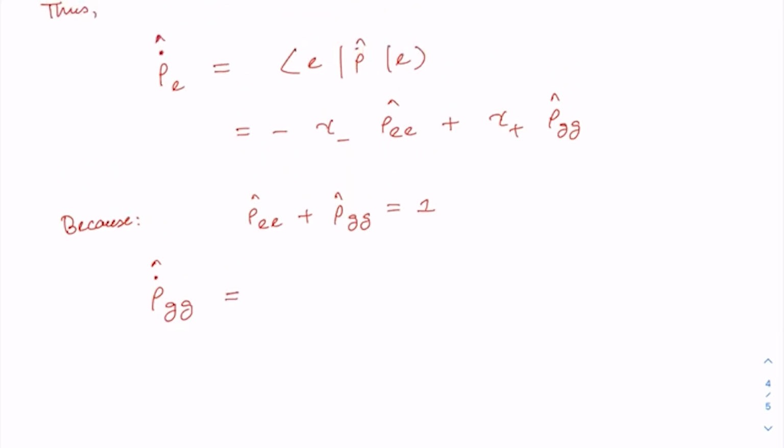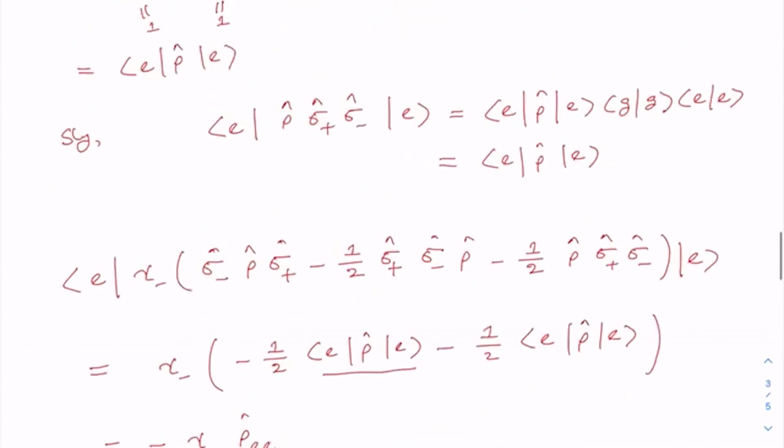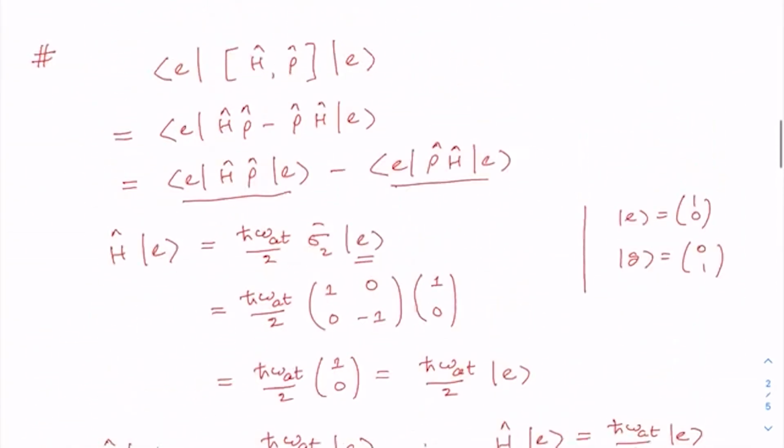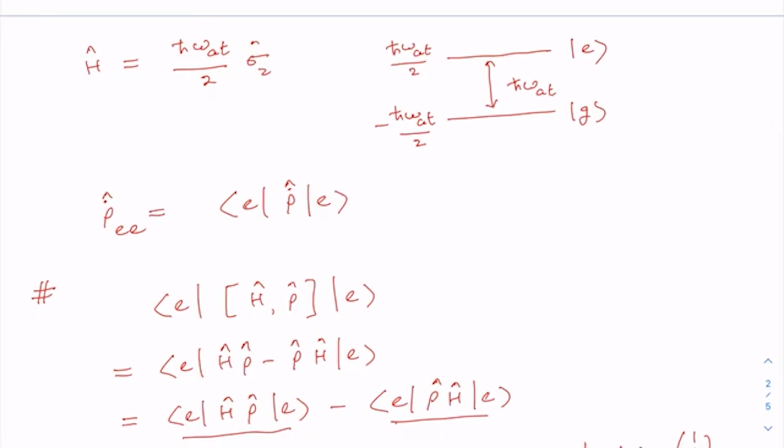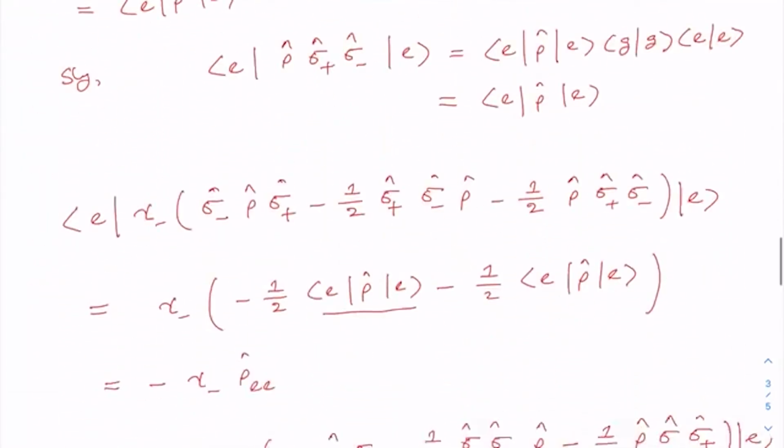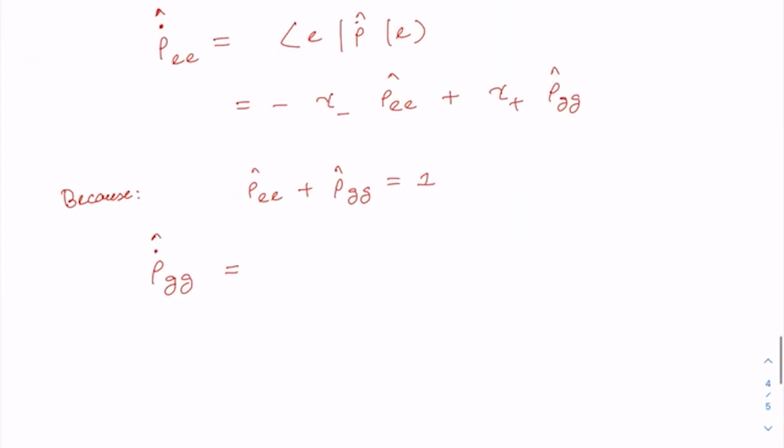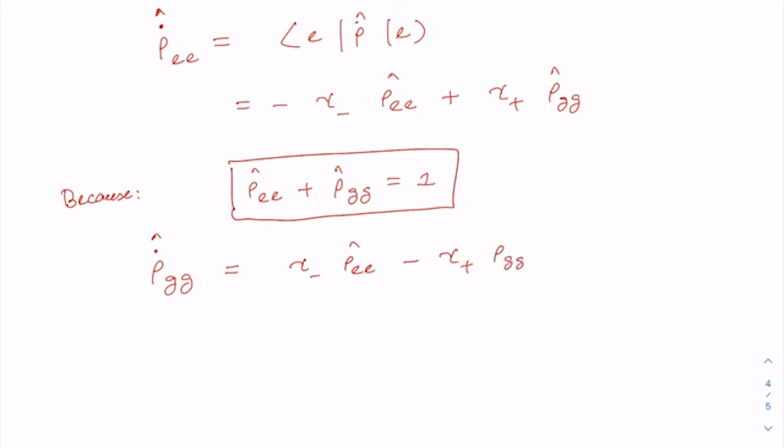I should put rho E here, okay, time evolution of this. Maybe earlier also I have to make the same correction here, I just left one, this you have to put. So the time evolution of this particular element rho ZZ would be, because of this relation, simply gamma minus rho E minus gamma plus rho ZZ. Okay, so these are the two relations we get.